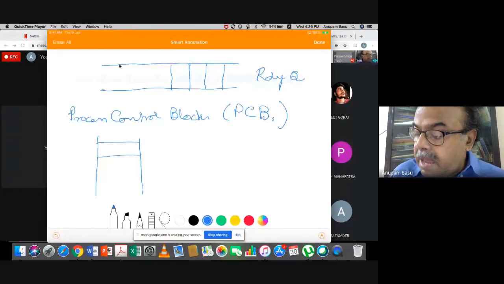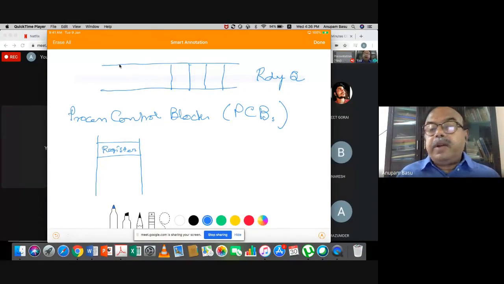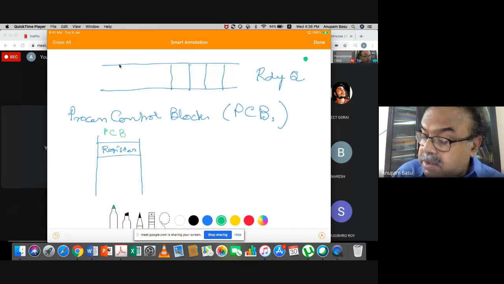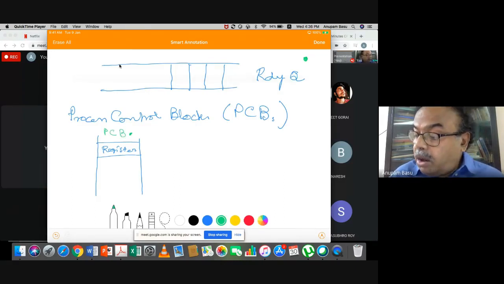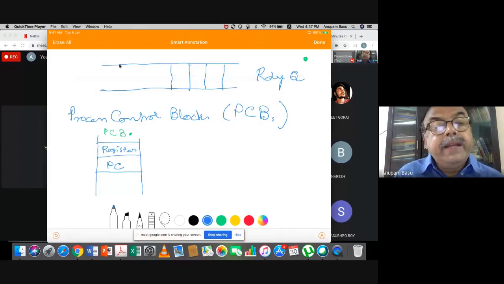For example, you will have all the register values. Right now let's talk about the green process. So every discussion we do is with respect to the green process. So the register values of the green process are stored here. Now, this is the PCB of the green process. Also, we have the program counter value of the green process. Why is that needed?